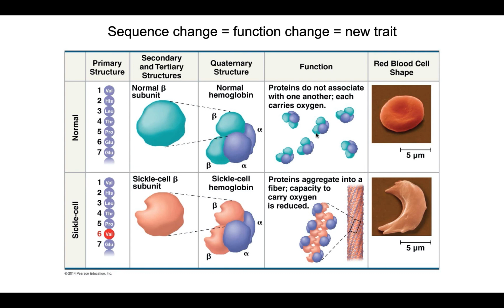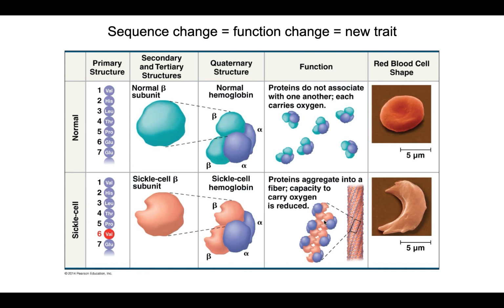But if instead the protein has a mistake in it, instead of amino acid 6, it has a valine instead of a glutamate, well then we're going to have a problem. It's not going to fold properly. It's not going to interact with the other polypeptides properly, and therefore, because it doesn't have a proper structure, it's not going to have its proper function.